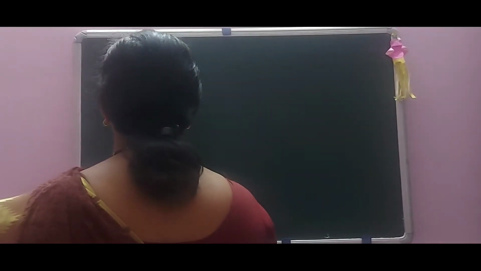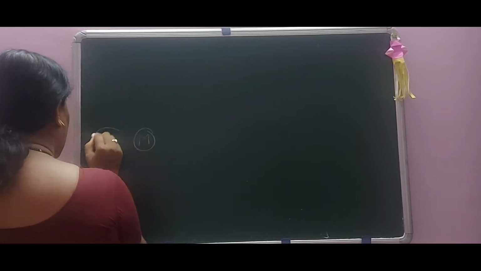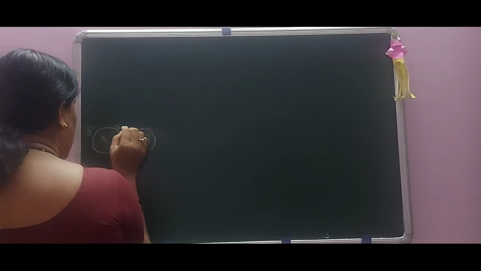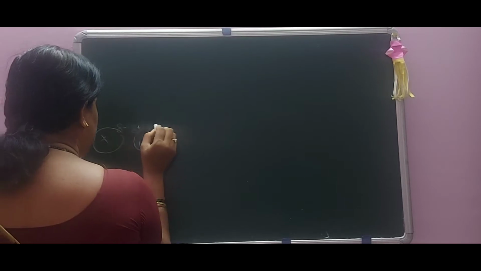First of all, I will draw some diagrams. See here the diagrammatic representation: M is the central metal ion. Here L, with delta minus, delta plus, delta minus, delta plus. Here also delta plus, delta minus.